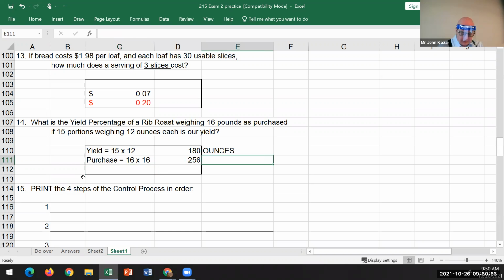That's 256 ounces. And so the yield percentage is going to be the 180 divided by the 256.